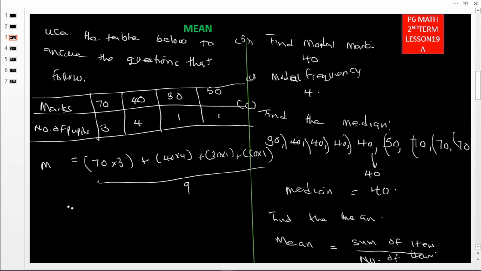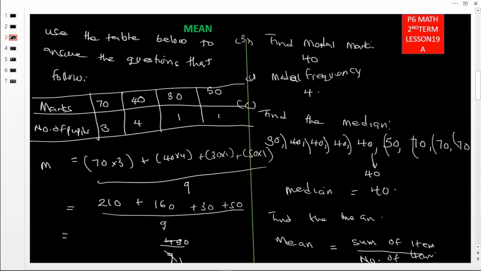So this one, 70 times 3, that is 210. Then plus 160 plus 30 plus 50, all over 9. When we compute that, we are getting 450 divided by 9.